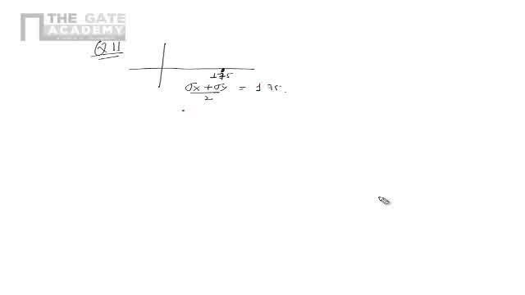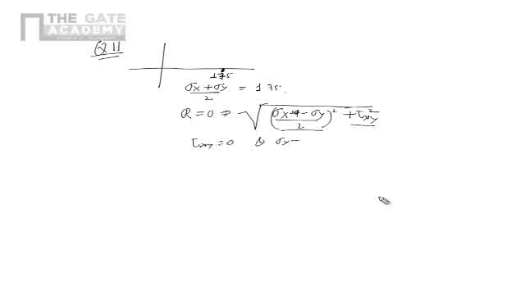And because the radius is 0, that also means that the square root of ((sigma x minus sigma y) by 2) square plus tau xy square is 0, which means that individually both of these expressions are 0, which means tau xy is 0 and (sigma x minus sigma y) by 2 is also 0, which means nothing but sigma x is equal to sigma y.